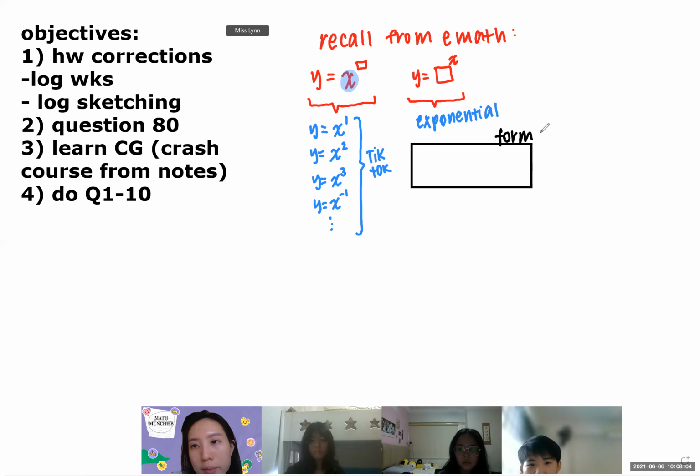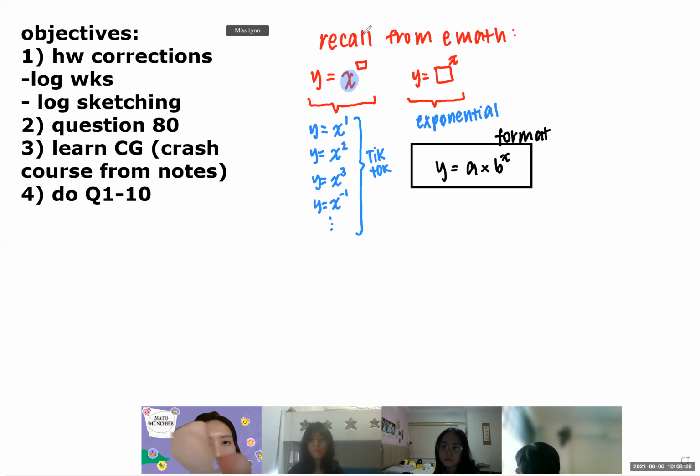Y equals what is the format? Y is equal to A B to the power of x. What's this sign here? Times. Very good. Y is equal to a times b to the power of x. So how will you interpret all this?